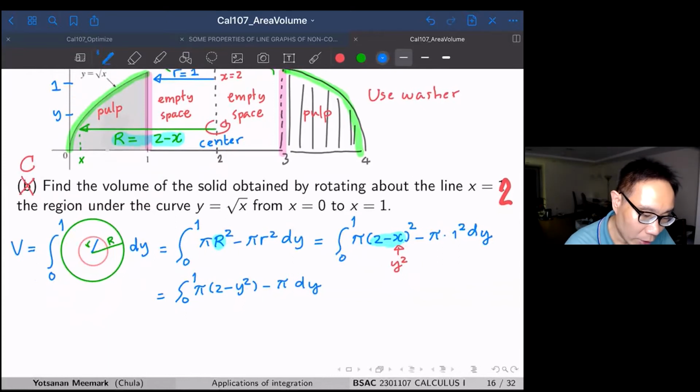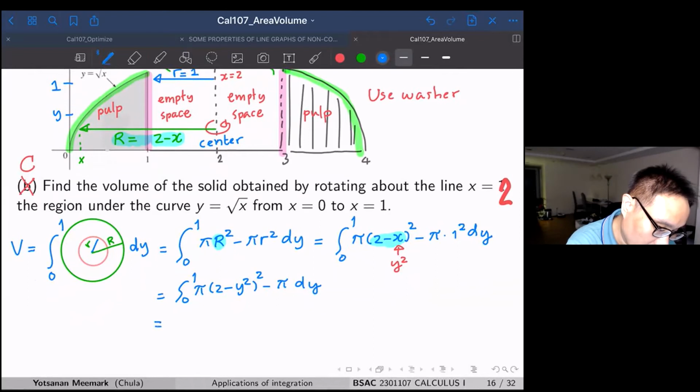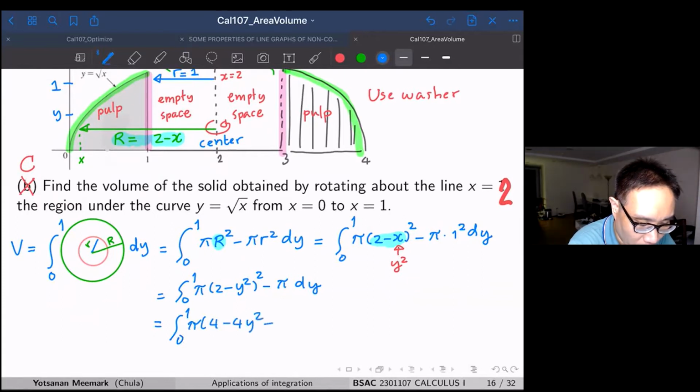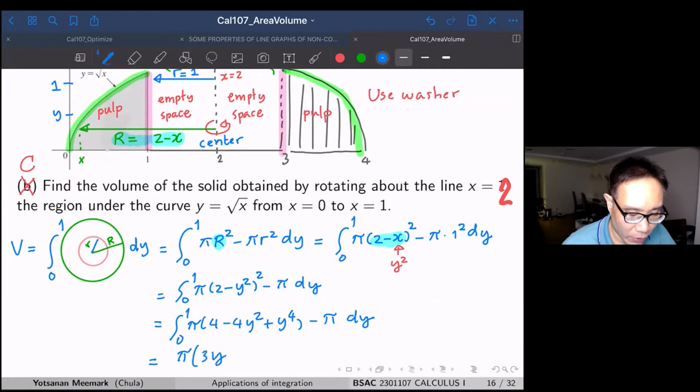And if you want to integrate this one, you're just going to expand. So you integrate from 0 to 1 of pi times (4 minus 4y squared plus y to the fourth) minus pi dy, and you'll be able to get pi times (3y minus 4/3 y cubed plus y to the fifth over 5) from 0 to 1.